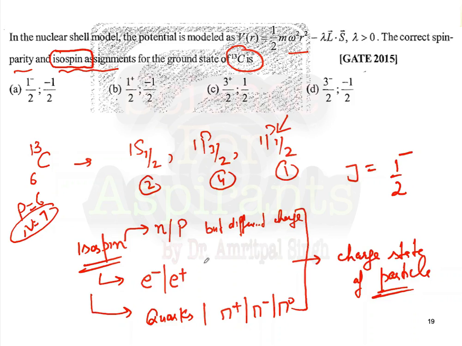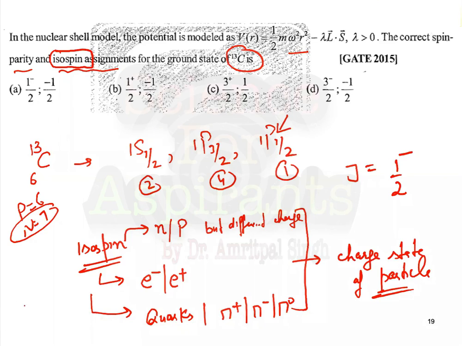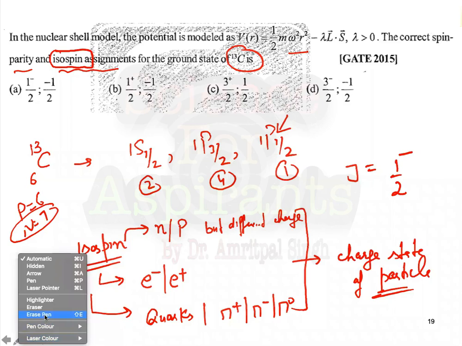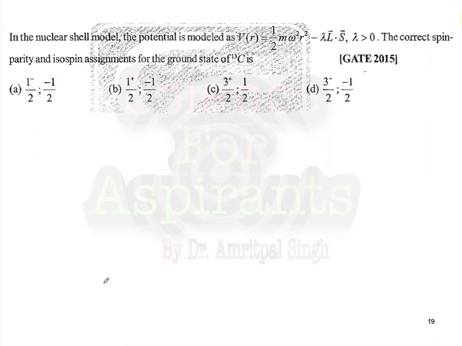I will not go into detail about the isospin concept. Here, let me erase this to make some space. Spin we have calculated, it comes to 1 by 2 minus, and now we have to find the isospin.